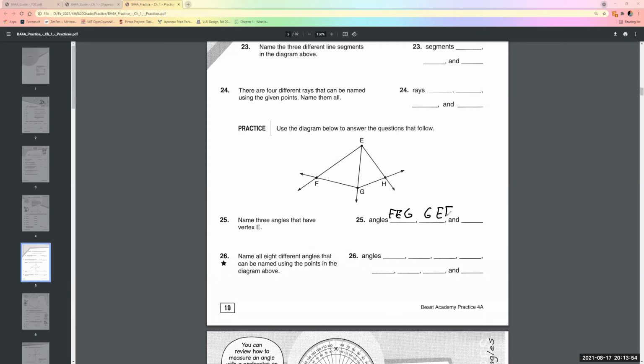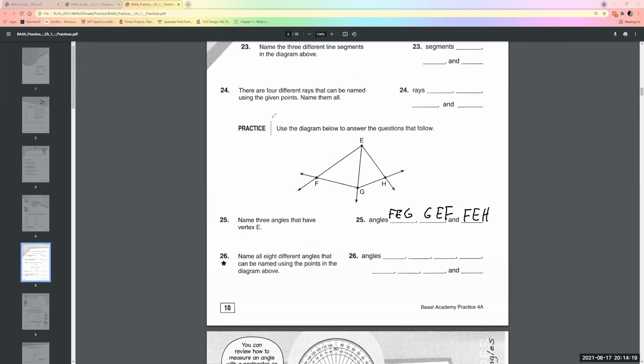Did you say GEF, by the way? I did GEF. Okay, so FEG and GEF, they are both the same angle. Does that make sense? But we have FEH. Okay, that's another one.